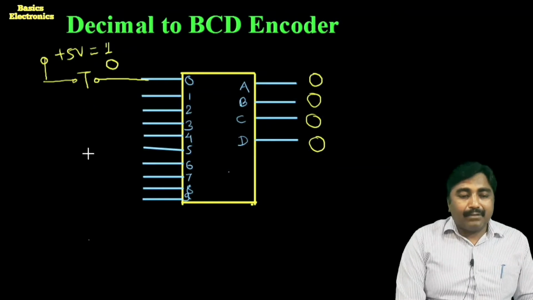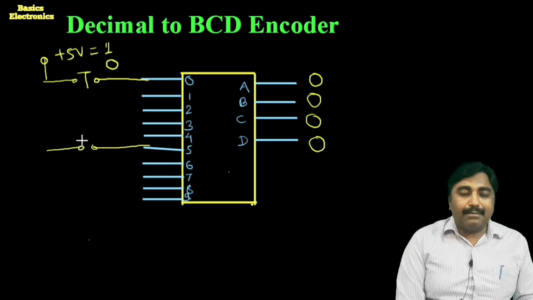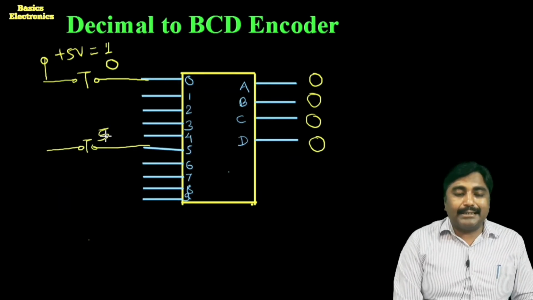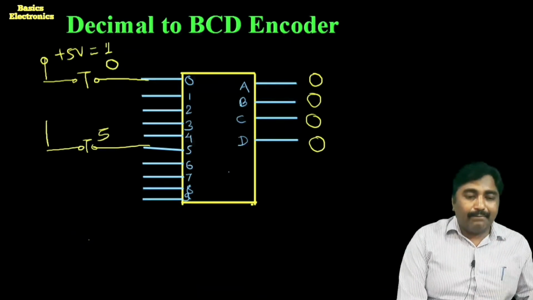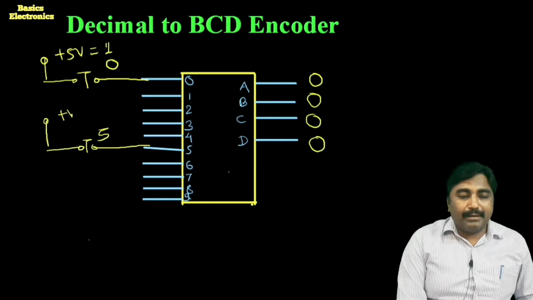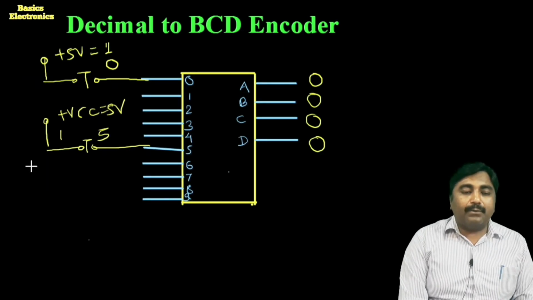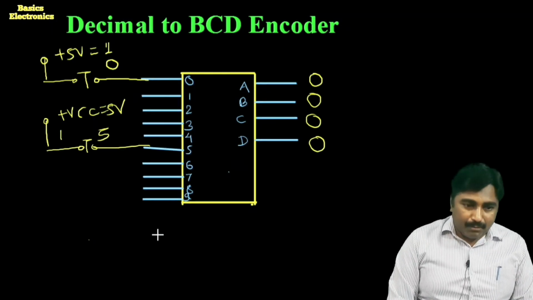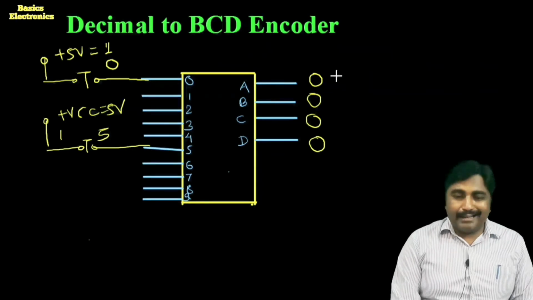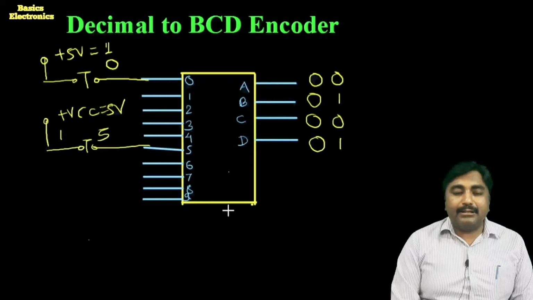If the decimal input is 5, then we have to press the switch which is assigned for the decimal digit 5. It gets connected to the plus VCC, meaning plus 5 volt, so we are applying the logical input 1, and then it produces the output 0 1 0 1.